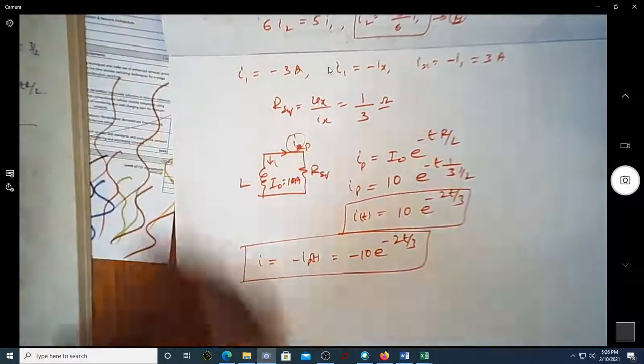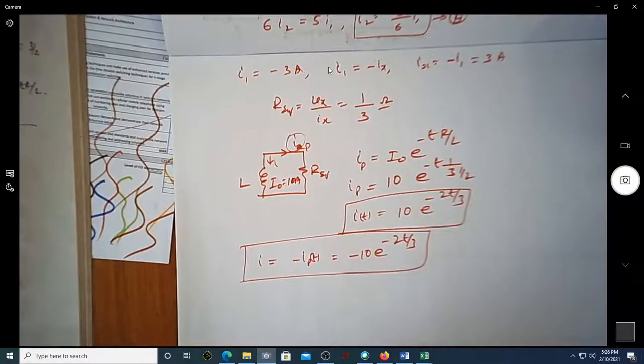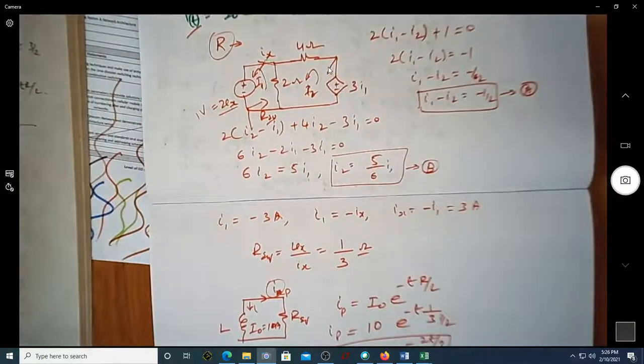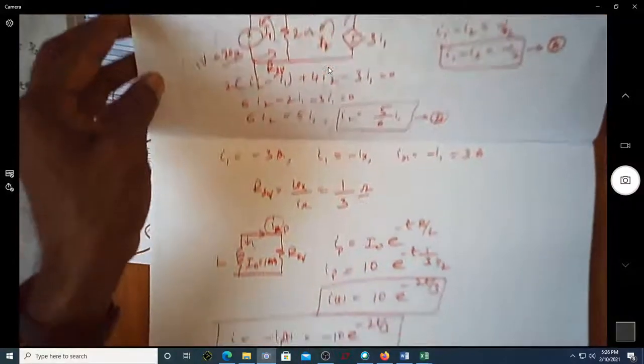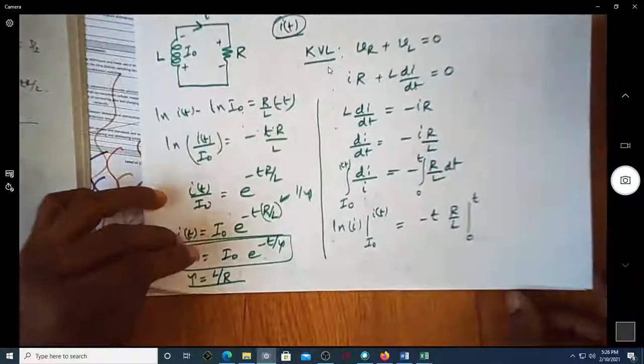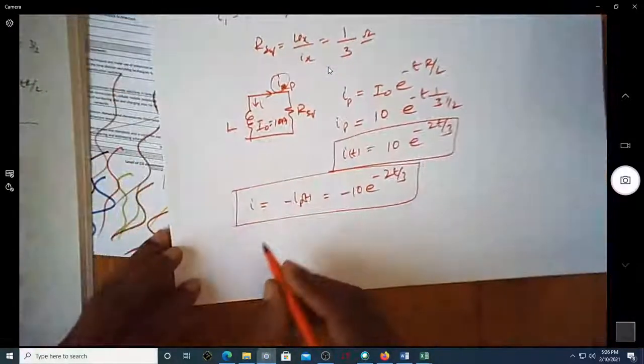Once we know the expression for I, we are now supposed to find the expression for Ix. Let us find the expression for Ix now.